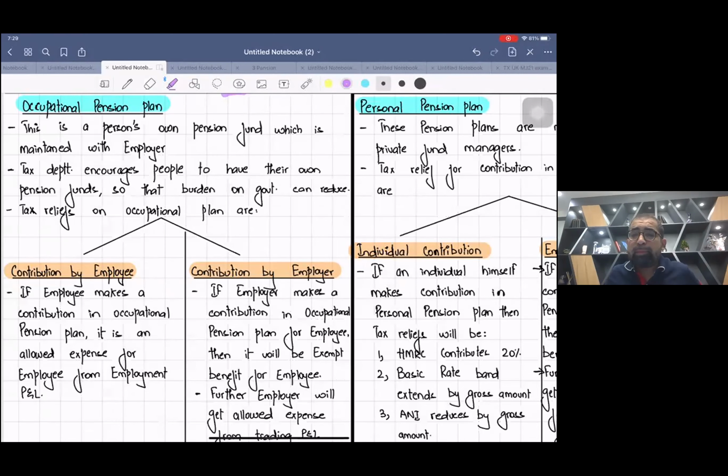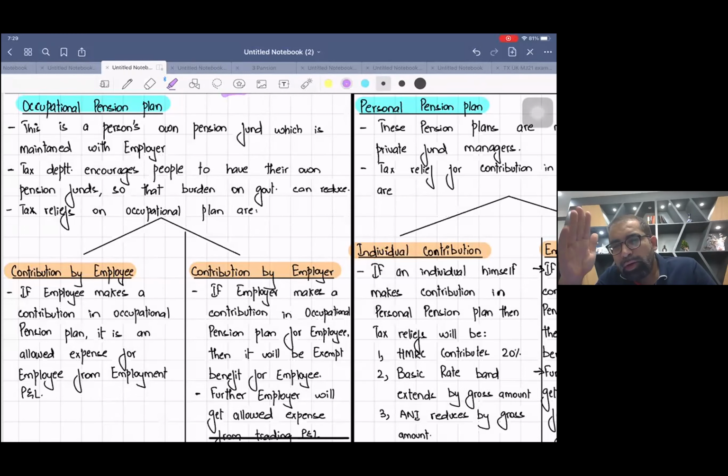If employee is contributing in this occupational pension plan, then this is an allowed expense from employment income PNL of that employee. Okay, in this way employee will get relief. Okay, you can read it.